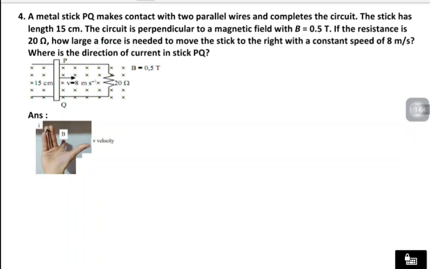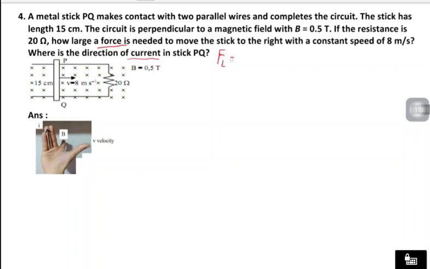The question asks for the force and the direction of current. Okay, the force is the Lorentz force.